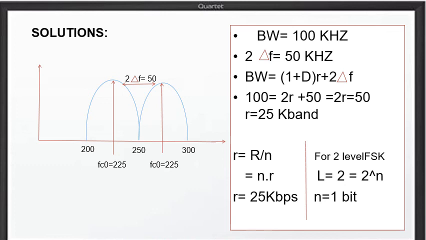Here we have the value of r, and we put the value of r here. Big R equals r times N, so 25 times 1 equals 25 kbps.